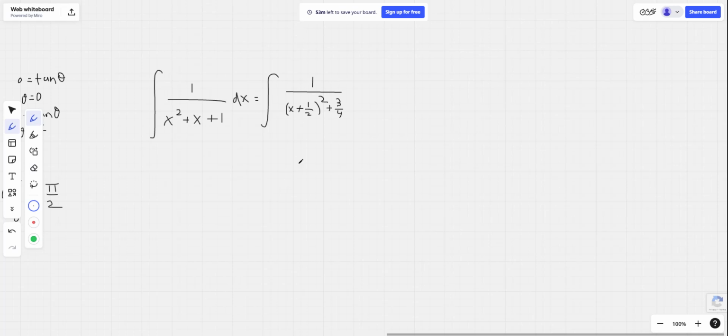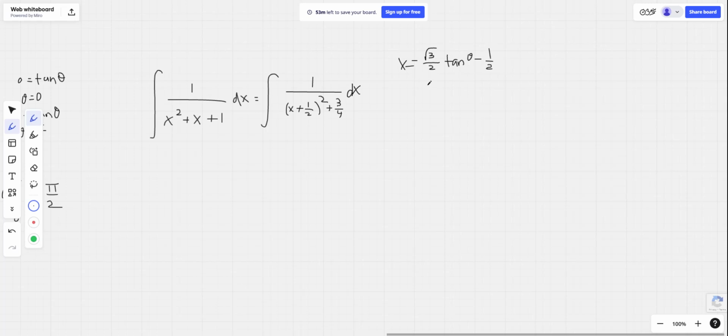So now it looks like something squared plus a constant on the denominator. So let's do a substitution, a trig substitution. But it might seem a little more complicated than usual. So let's let x equals √3 over 2 tangent theta minus 1/2.